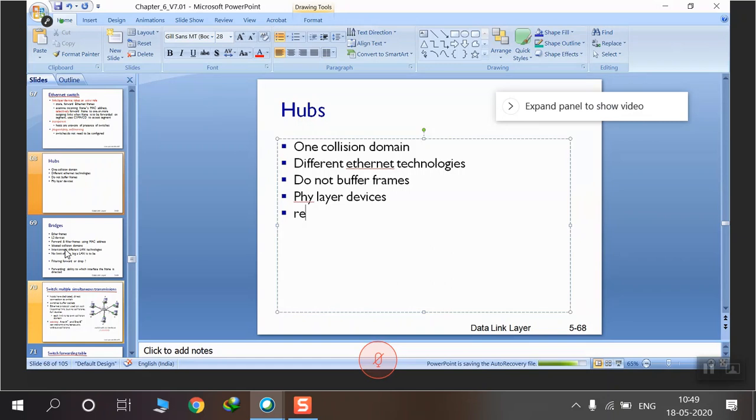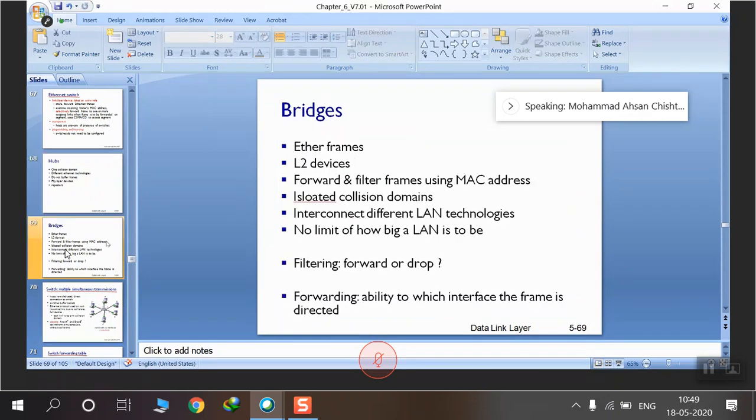There are problems with having hubs. We cannot have a bigger network because of the big collision domain, and there will be a lot of collisions with that regard. Also, the distance between the two hosts will be limited, and the maximum levels, how many we can have, are all limited by the design of the hub.